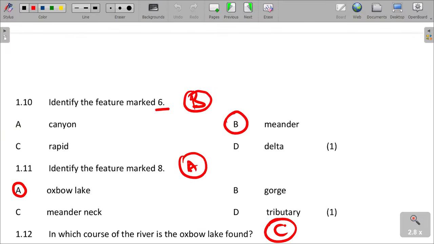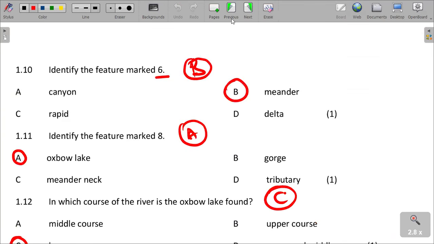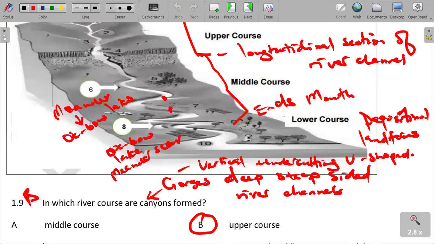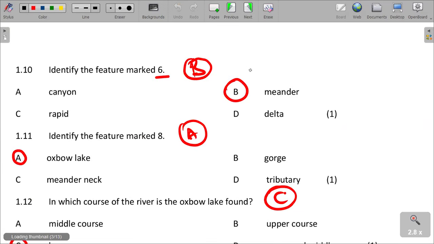I was showing you from the photographs that this is the mouth. I already marked for you that the river mouth is found at the end, as we are entering into the sea or the ocean.